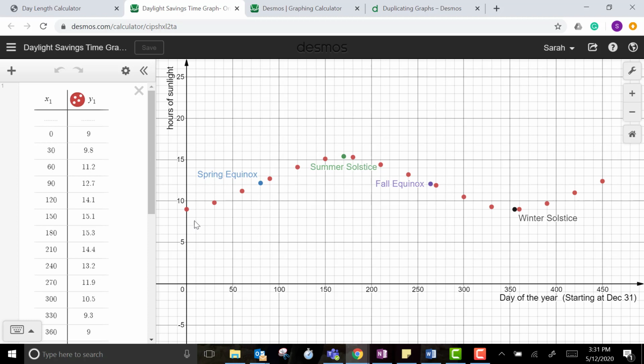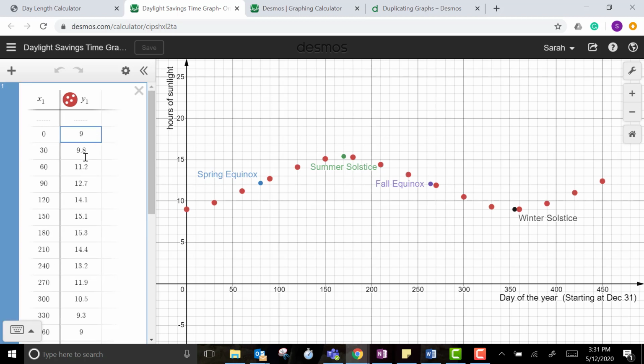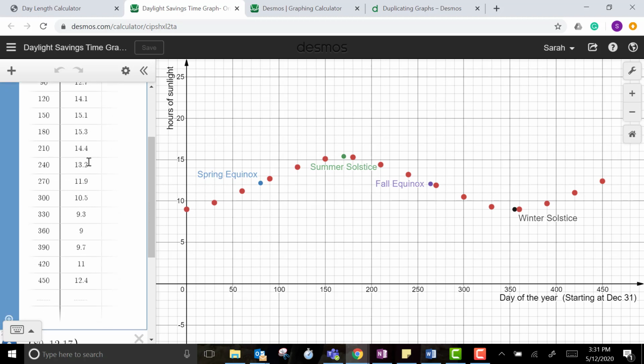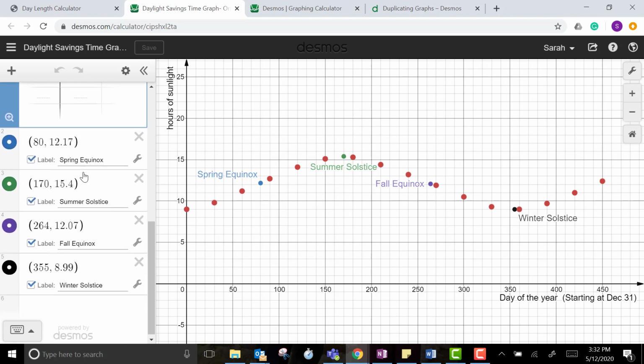After you do that, all you're going to be doing is going through and manipulating these values according to the ones you determined. Now you'll notice that I also have 4 points labeled according to my directions: spring equinox, summer solstice, fall equinox, and winter solstice.